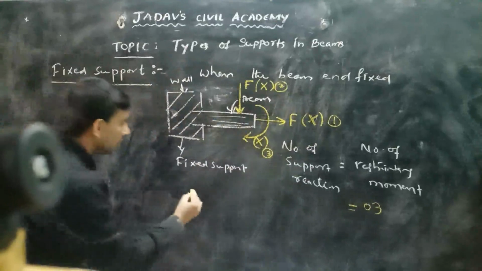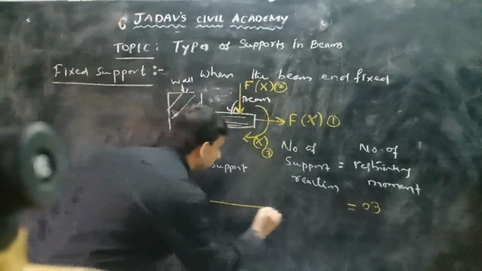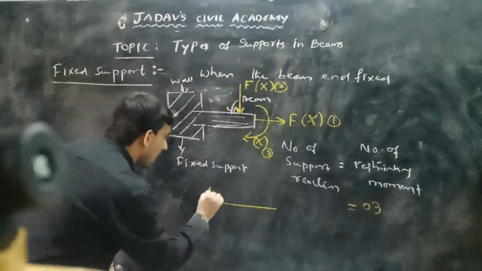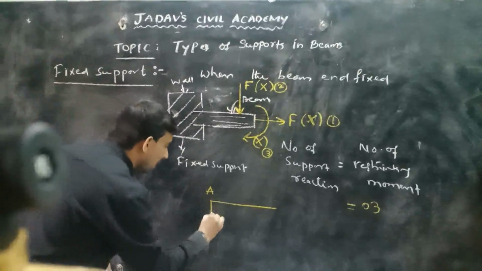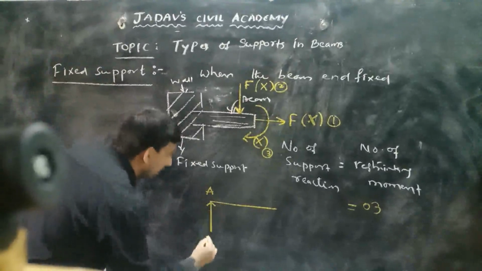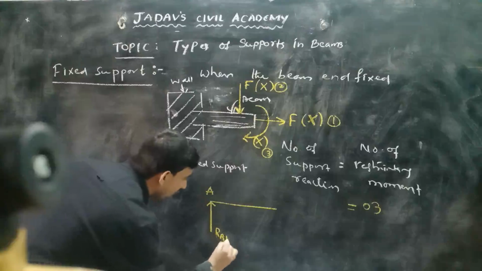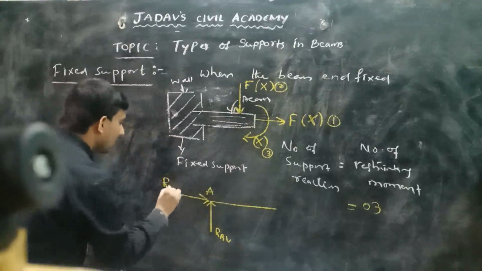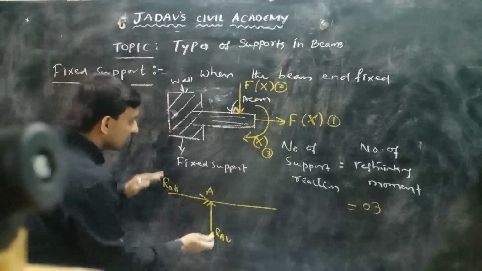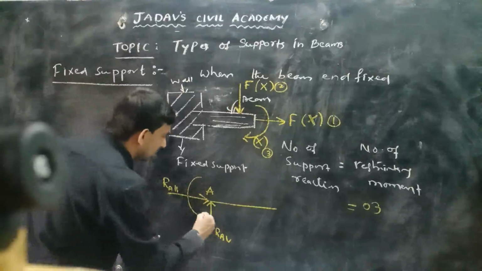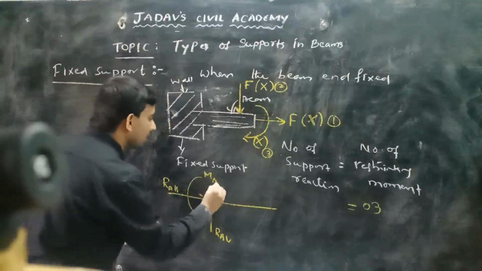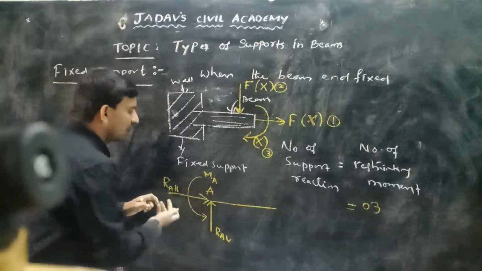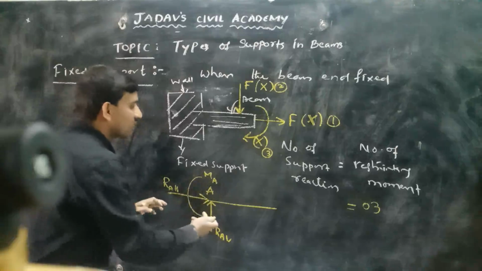For analysis purposes, how do we indicate these three support reactions? Here we have a point A. At this point A, we have a restriction in the vertical direction, so we have RAV, and one more reaction in the horizontal direction, RAH. Along with these two, we have one moment restriction, that is MA, the moment at point A. Here I am showing the vertical and horizontal forces in this direction and an anti-clockwise moment.